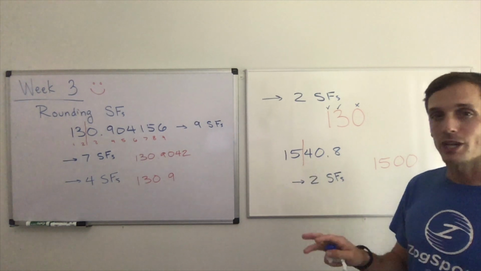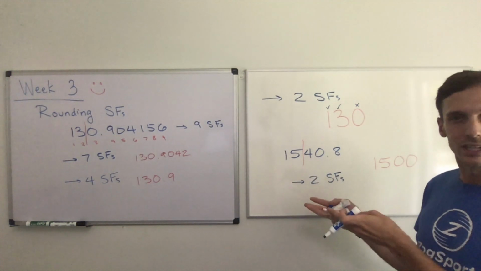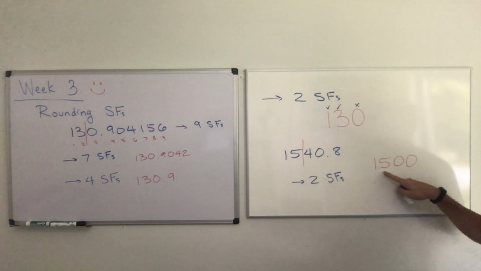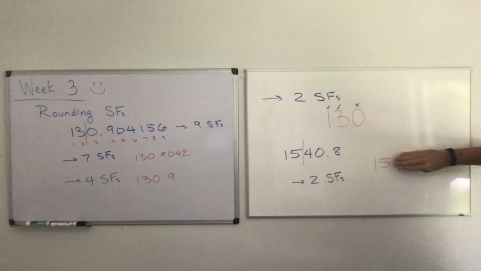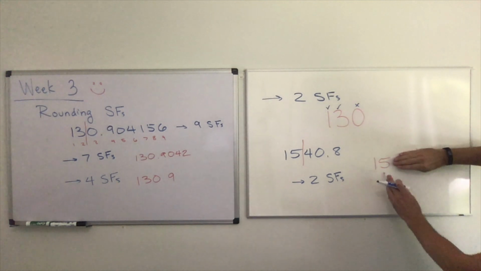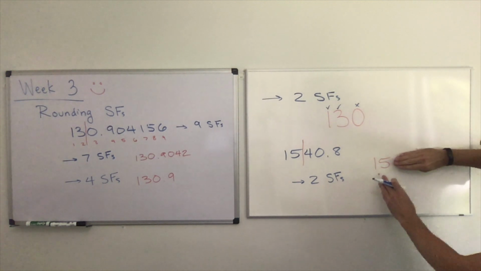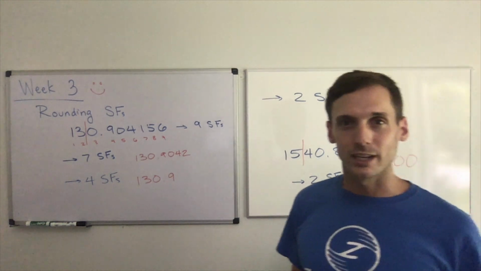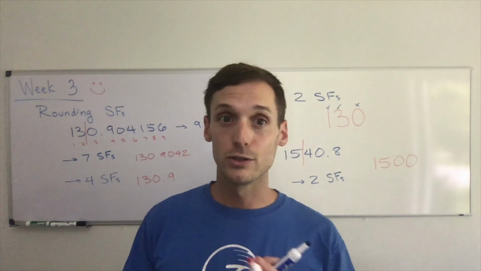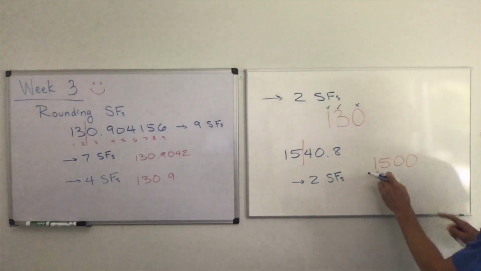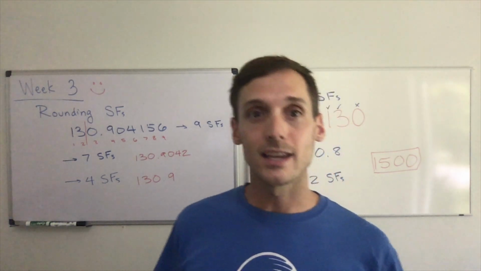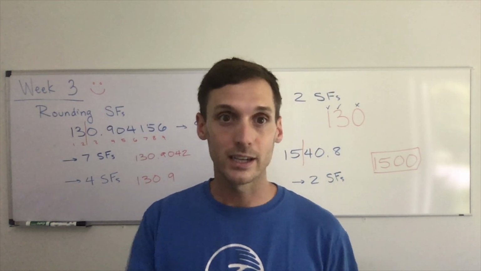So we can't change the column that the digit is in. The 1 is still now in the thousands, the 5 is still now in the hundreds. If we just kept it 15, the 5 would be in the ones column and the 1 would be in the tens column. So you would be changing the column that the digit is in. Don't do that. Just add insignificant zeros so that the digits stay in the same columns. All right, that's it.